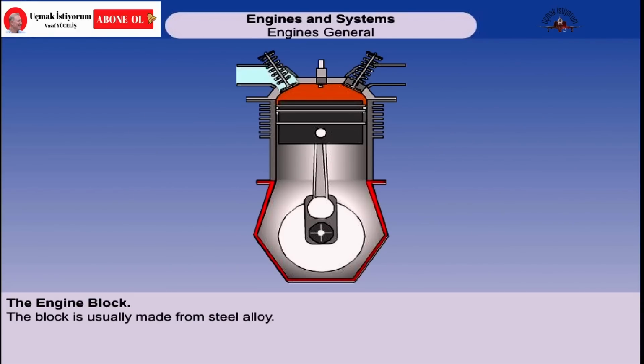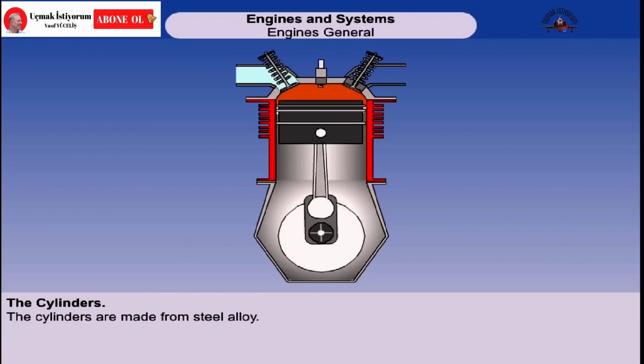The core around which the engine is built is called the engine block. It's usually made from steel alloy. Depending on the manufacturer of the engine, cylinders are bored into or fitted onto the engine block. The cylinders are made of alloy steel.